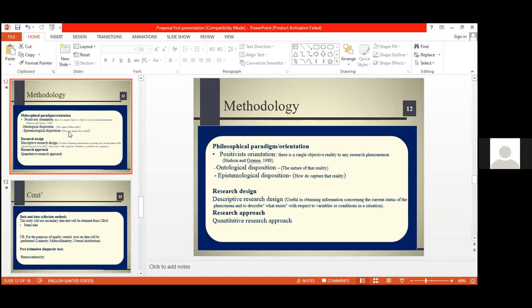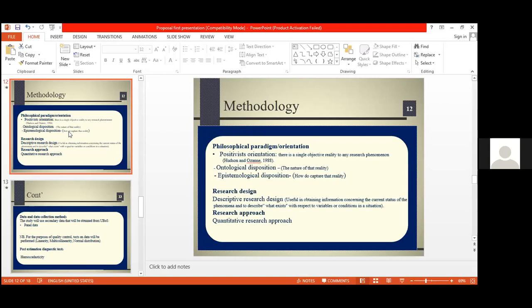Point number 5 is about the research design. Here, you are talking of the relationship of the variables. You have the cause-effect variables. Then you are coming up to talk about descriptive research design.